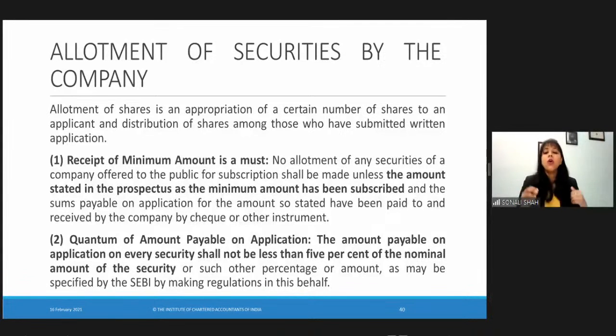You cannot go beyond that. But other than that, the number of securities they will subscribe, when they will subscribe, how they will be paid for, all these things are open to agreement between the parties, right? So this is about underwriting commission. Okay, are we good here?